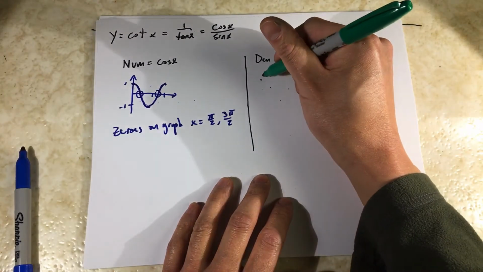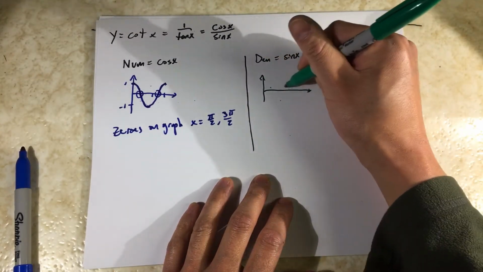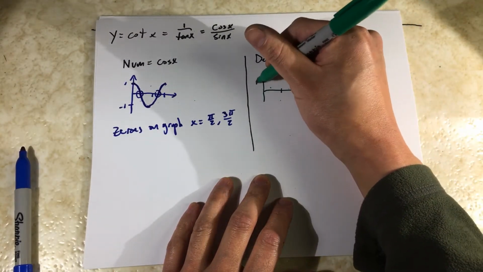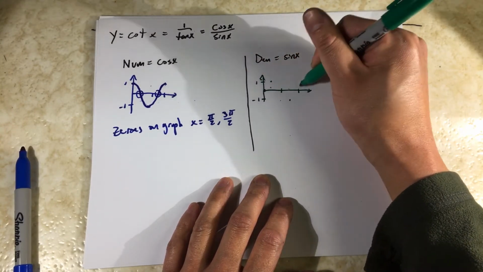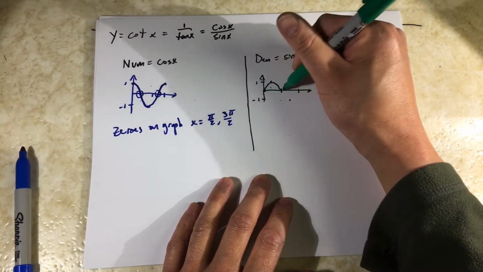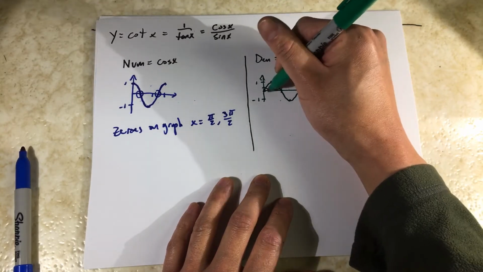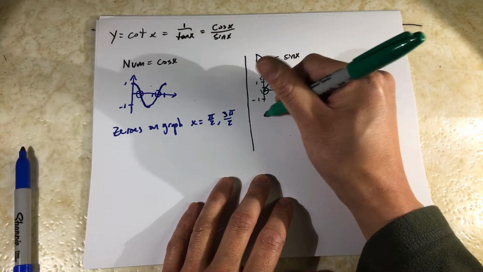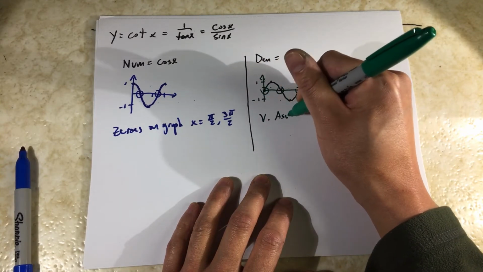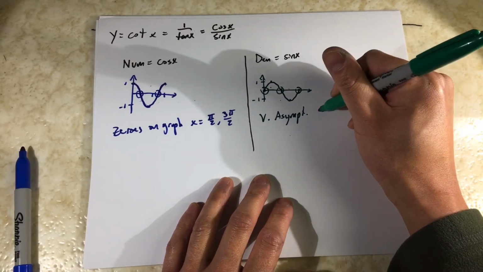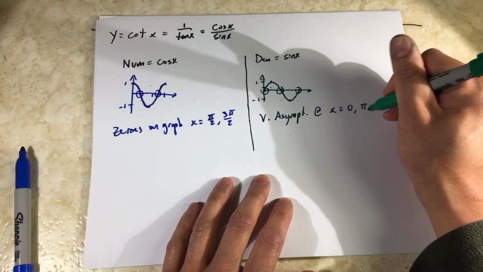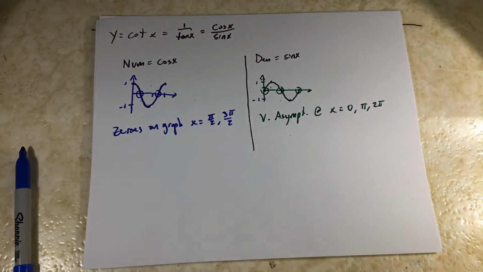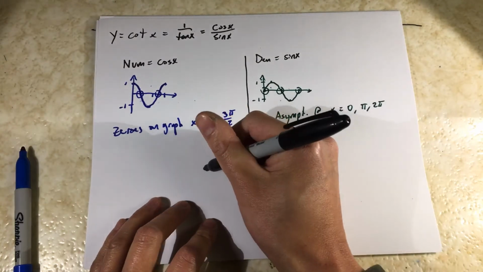And then sine x is going to be zero at 0, pi, and 2 pi, so we're going to have vertical asymptotes at x equals 0, pi, and 2 pi. Okay, so let's graph this.